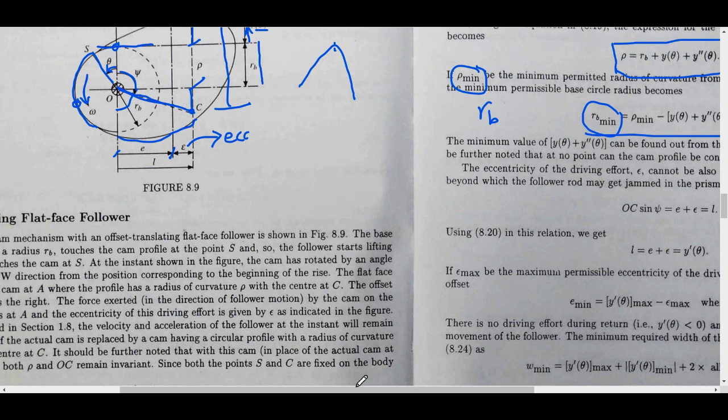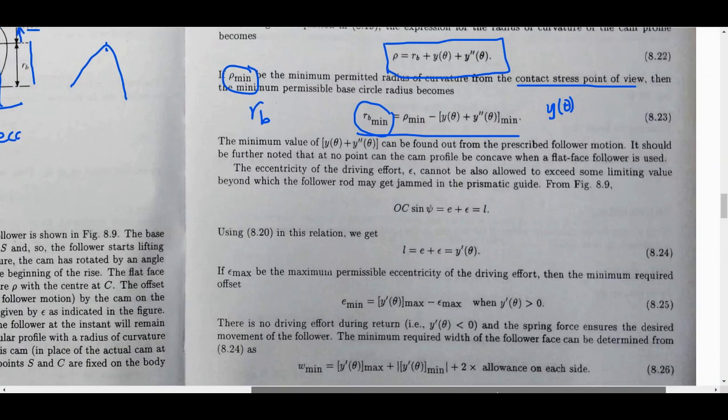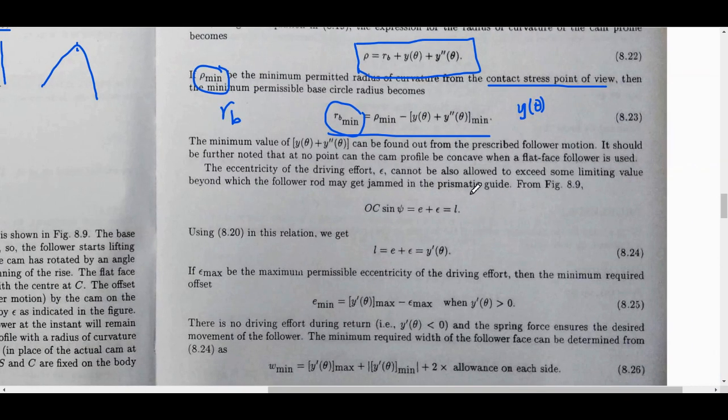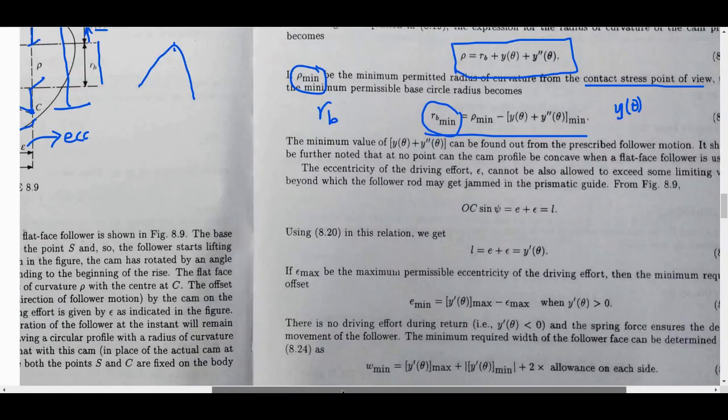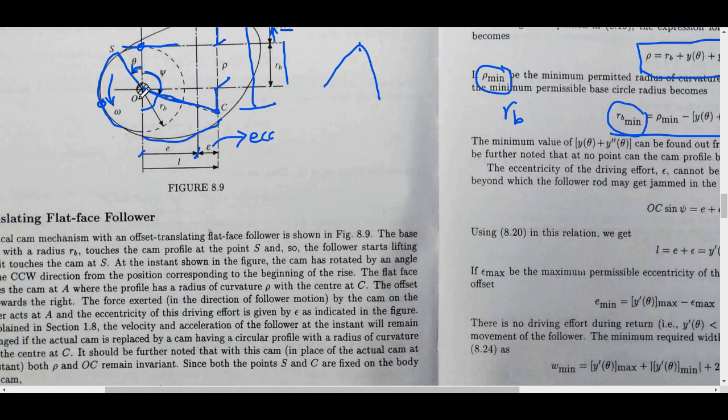So this eccentricity, we don't want it to be too big. So OC sine psi, we will come here, you see, this is OC, that angle is psi. So this is OC sine psi, that is L, that is E plus epsilon.